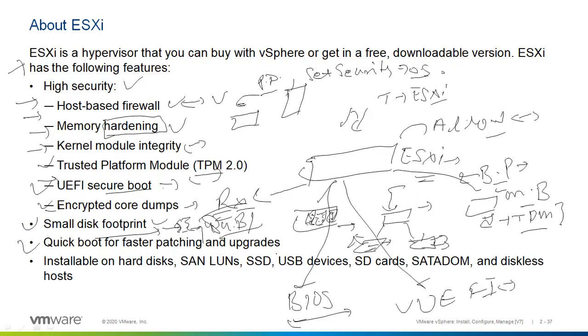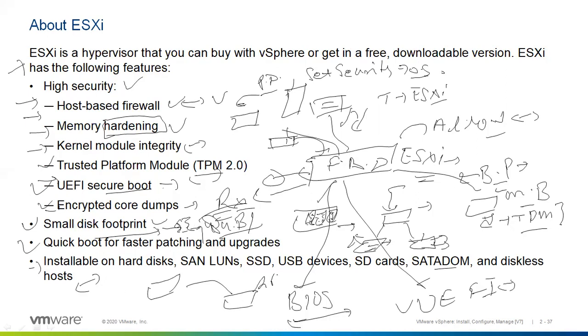Quicker boot and patching, and it is installable on your local hard disk drive, or even on a pen drive. You can insert the pen drive and make it the first boot device. USB drive and remote SAN storage also work. There are small SATA DOM cards and diskless hosts. When we say diskless host, your ESXi hypervisor will be somewhere on a remote host.